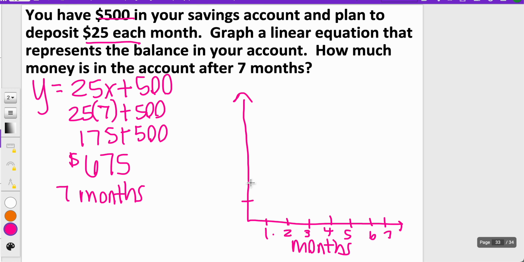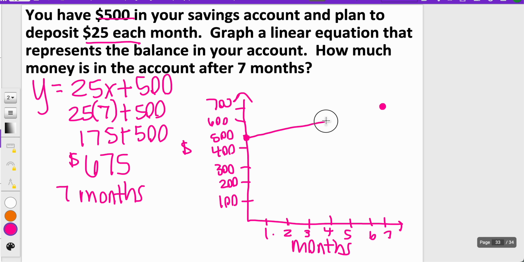And then 100, 200, 300, 400, 500, 600, $700 would be your money amount. So 675 for 7 months, that's right 7, up to 675. And then 0 months would just be starting at 500. So we're going to climb this way, okay?